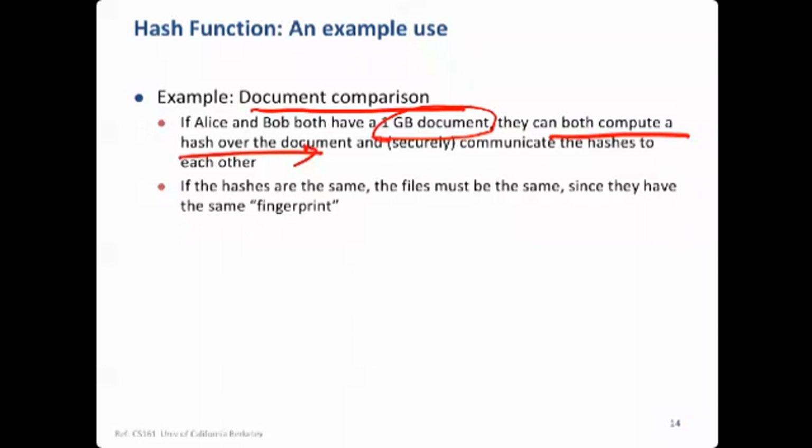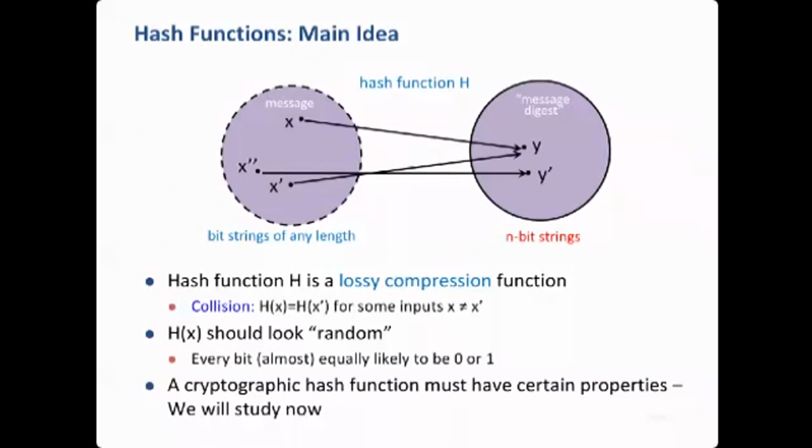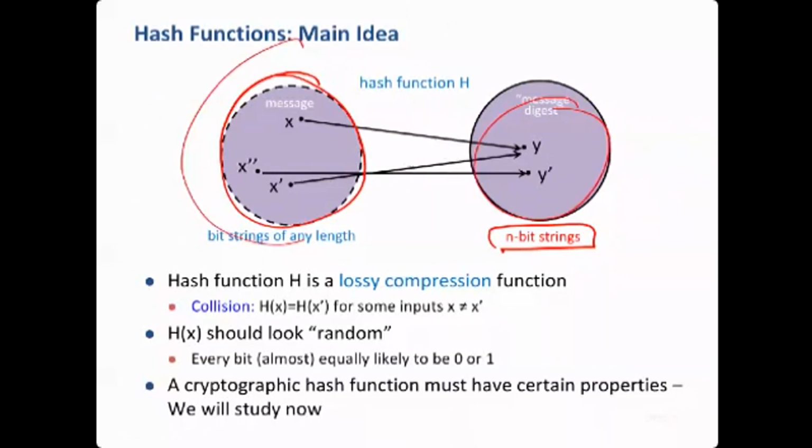Now let's look at what we already discussed, that the original message could be of any length. So this space versus the output, an n-bit string: the input space is very big in comparison to the output space, right? If the output is an n-bit string, there are 2 raised to the power n possible combinations, whereas the input could be of any size.